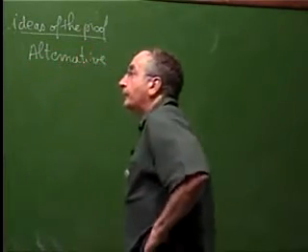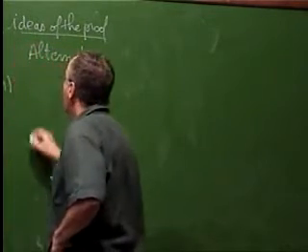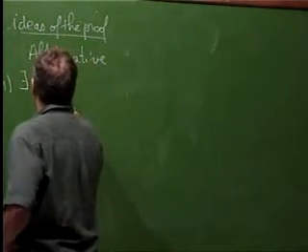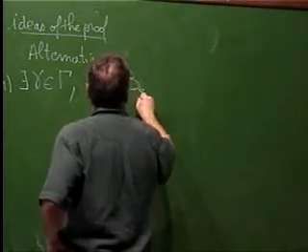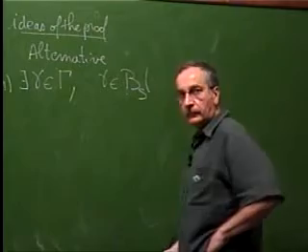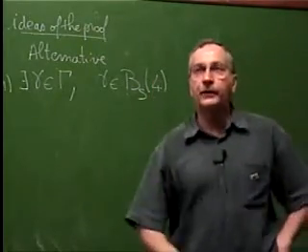And let me assume. So the first step is to assume that there is an element gamma in the group gamma, not too far from the identity. So in fact, in our work, it's 4. But you can forget about this 4. It could be 5 or 6.